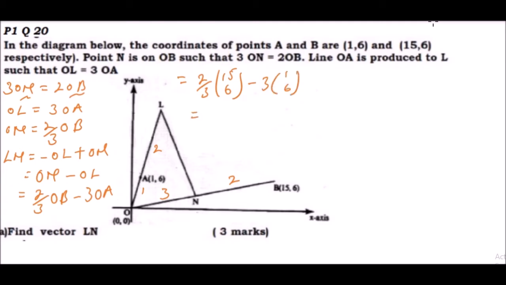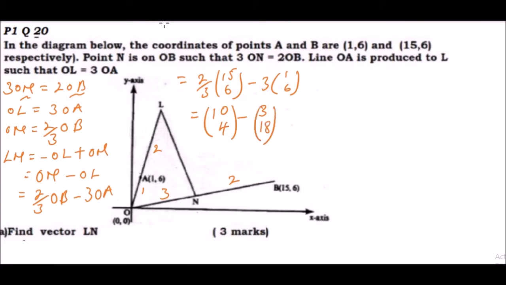So when you open the bracket, 2 over 3 times 15 gives us 10, 2 over 3 times 6 gives us 4, and we minus. 3 times 1 is 3, and 3 times 6 is 18.